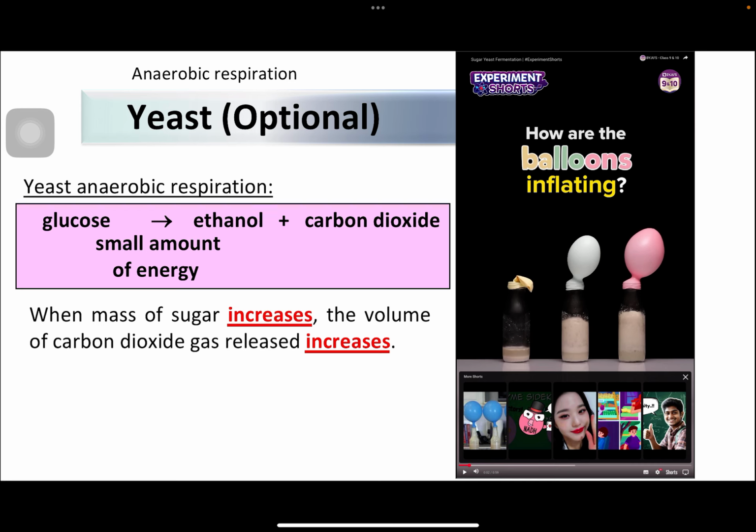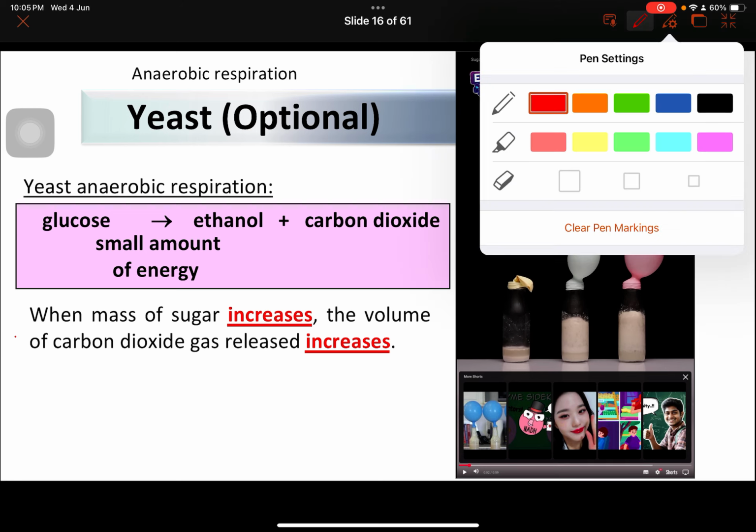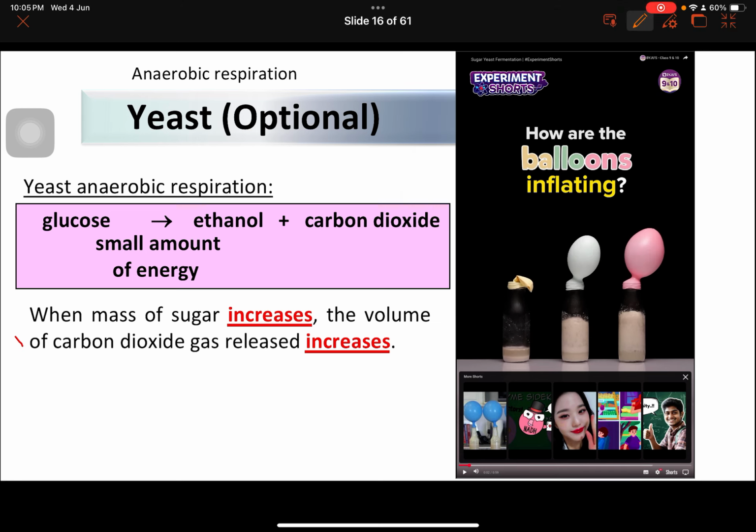So as compared to anaerobic respiration in our body, let me just write down the equation on top. So in human, during anaerobic respiration, glucose is broken down into lactic acid, releasing a small amount of energy.